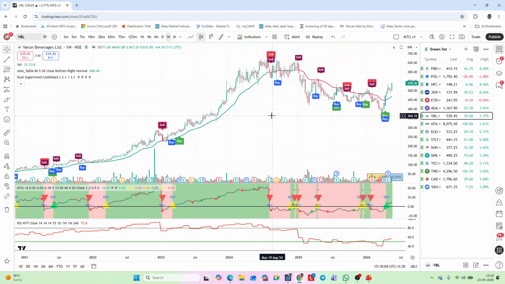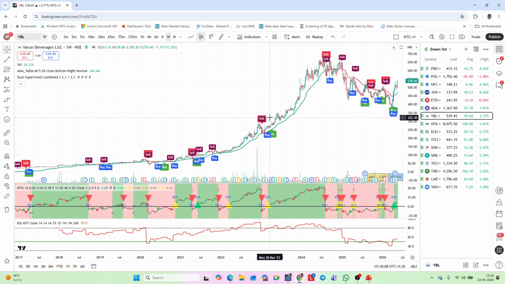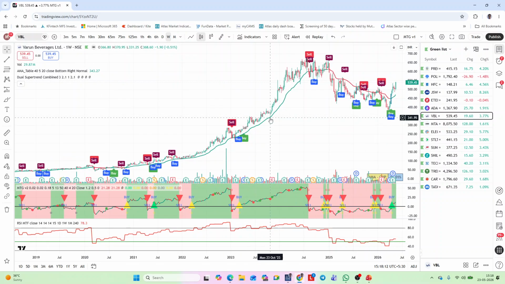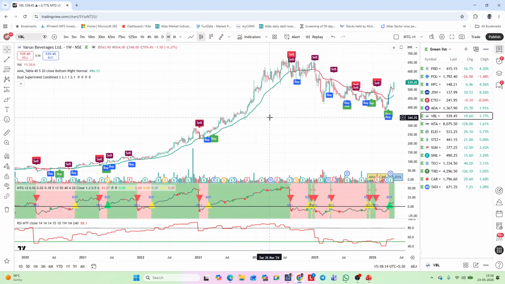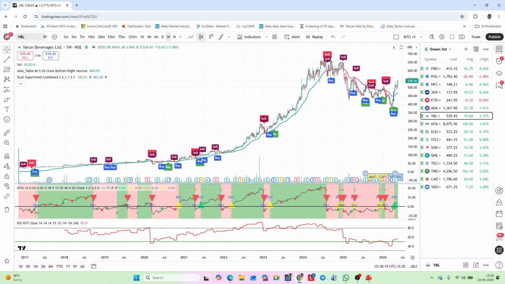So how do we identify whether the stock is in cycle 1 or cycle 2? If we take an example from here itself, whenever the stock is in downtrend and it goes below RSI 50 on monthly, okay.